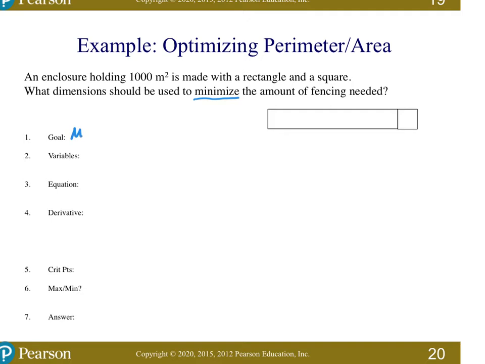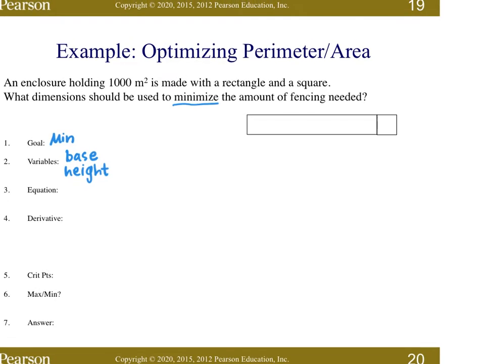So my goal is a minimum. My variables are base and height again. For my base, for my rectangle, I'll call it x, and that will go from here to here. And my height would be y.